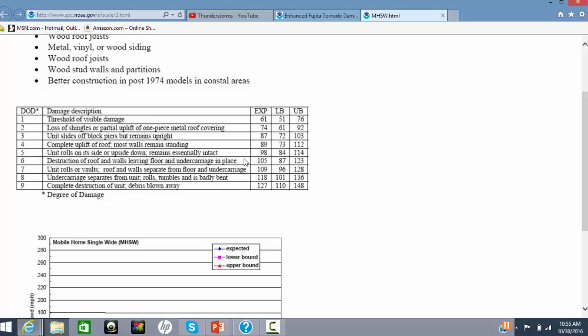So we roll over here, and this is going to be the average between the lower branch and the upper branch. Let's just take the average of that, and that's going to be 98 miles per hour. So it took an average wind speed in this case of 98 miles an hour to turn a single wide on its side or upside down. 98 miles an hour is the figure we're going to use.